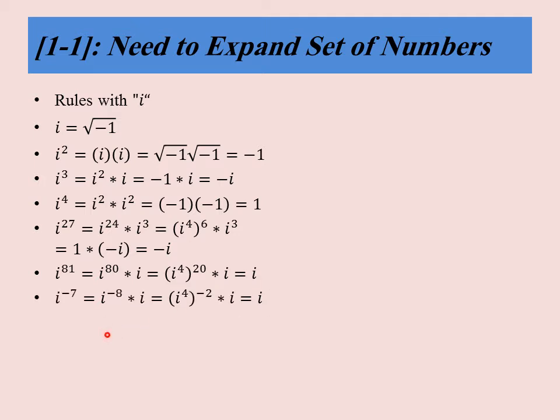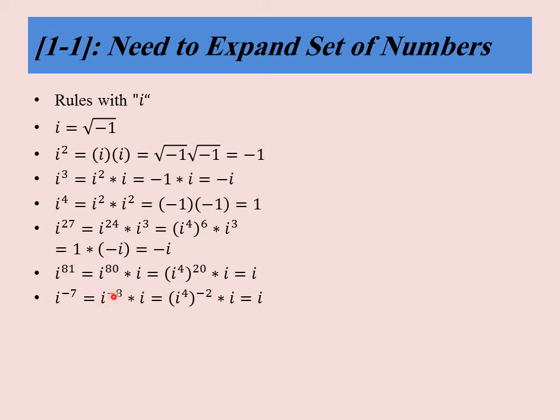Now, in case we are talking about a negative exponent, it is not something complicated, because we can follow two methods in solving. We can use the negative power and write it as negative plus positive. So -7, I can write it as a negative multiple of 4 plus a positive number.